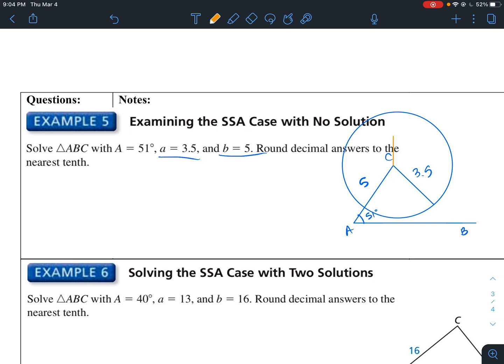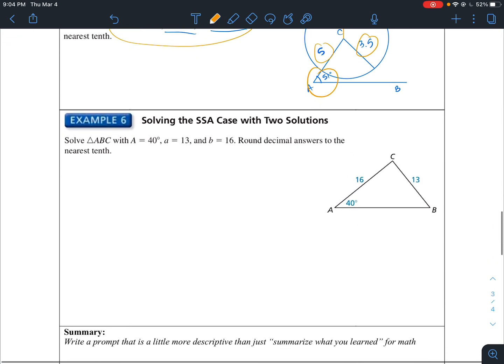So in this case, it's not possible to even draw this angle and the side lengths given in order to make a triangle. Okay, so that's why sometimes with your given information you can't even compose or make up a triangle. So in this case we have no solution.